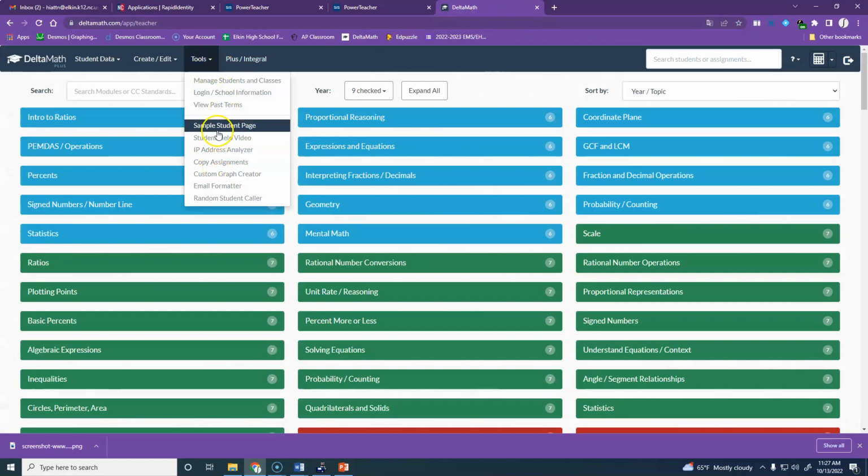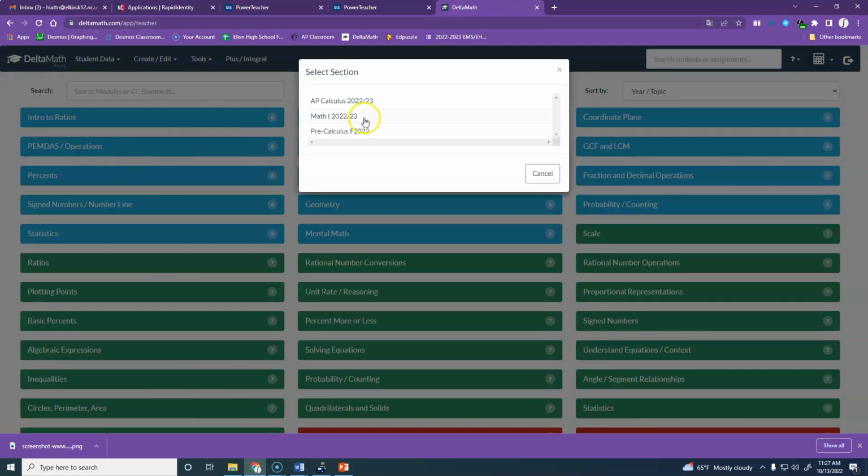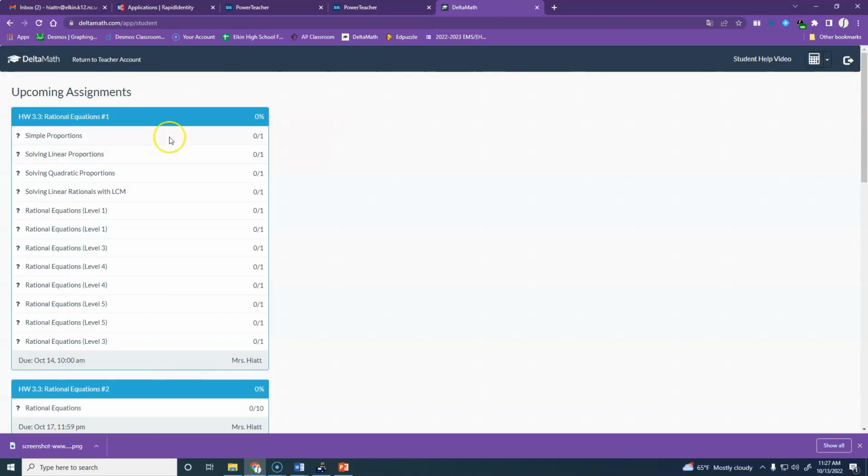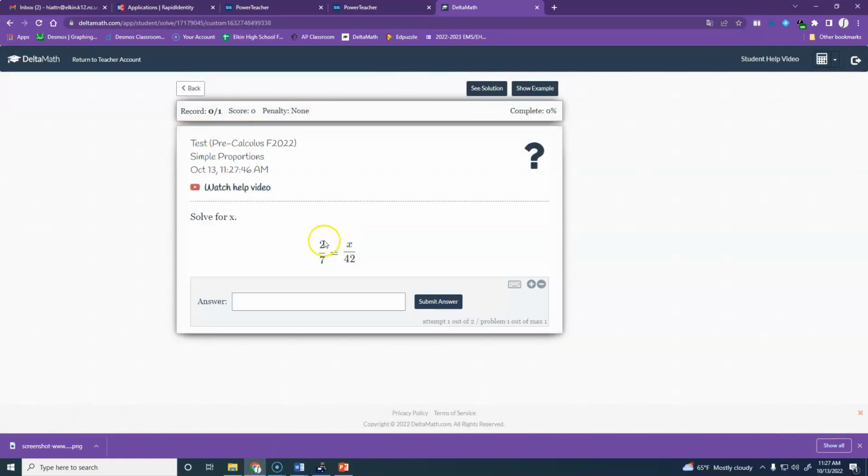When you go to Delta Math, all of them are going to be separate problems, and everybody will have the same question for all of the problems. So this is more or less just like a worksheet because you all have the same problems. I had to set it up as a quiz in Delta Math.